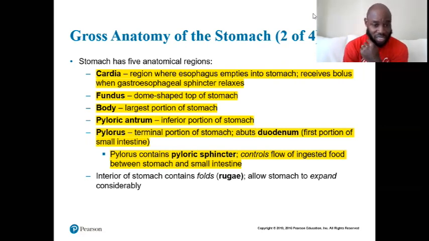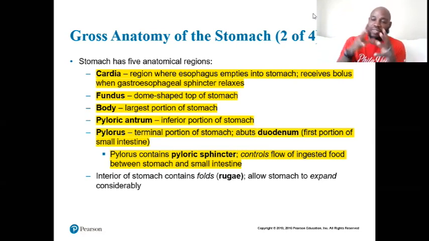The pylorus contains the pyloric sphincter. And notice another sphincter here. So we have places where you have closing off, from the pharynx to the esophagus, from the esophagus to the stomach, the gastroesophageal sphincter, and then we have the pyloric sphincter from the stomach to the duodenum, to the small intestine.